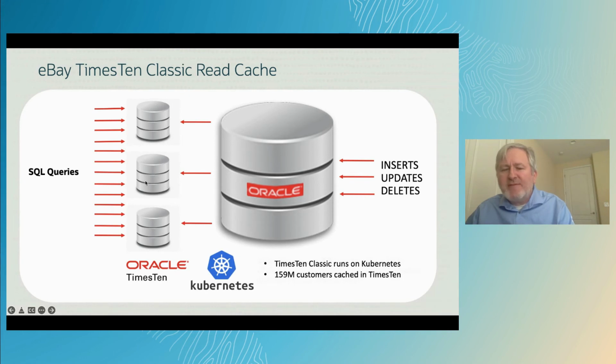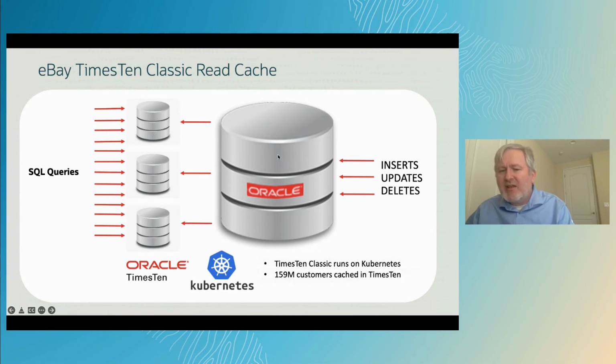When you use eBay, the first thing you do is log in and get your customer profile information. All of the customer profile information for eBay is cached in TimesTen. That means the queries and joins against those profiles hit the TimesTen cache. Because you're hitting the TimesTen cache, you don't need a connection to the Oracle database.